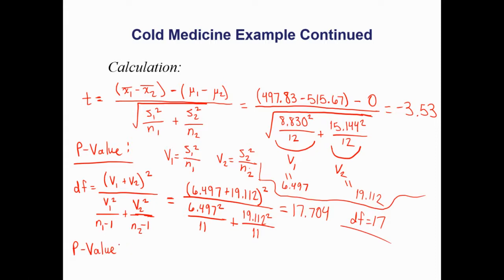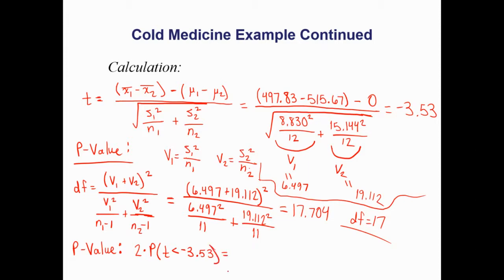Well, let's think back to our hypothesis for a second. Is this a one-tailed or two-tailed test? Two-tailed, because it's equal and then not equal. So we're going to need to do 2 times the probability that T is less than negative 3.53.